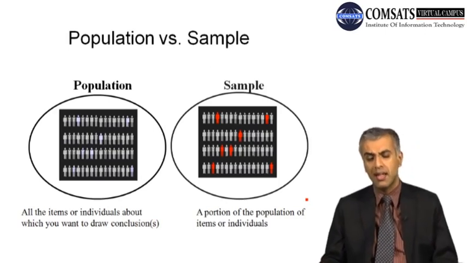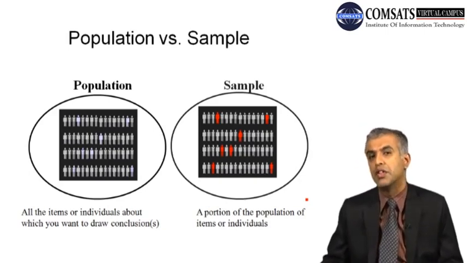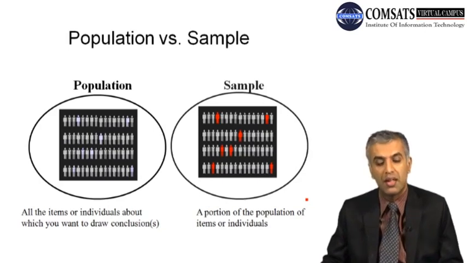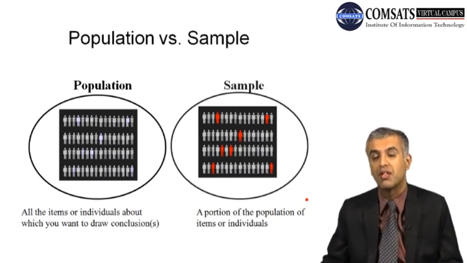Now in that case, we have to select a portion which is able to represent the whole population. Such a portion is termed as sample, and how this sample is selected from that population, the methodology through which it is collected, matters a lot.